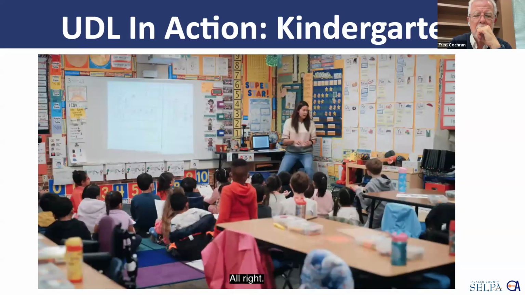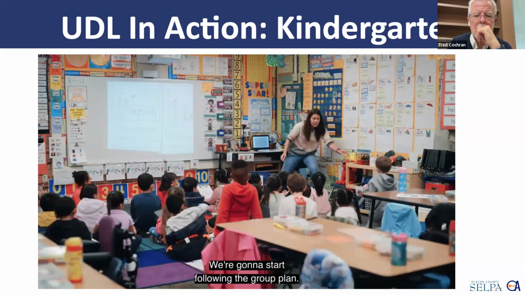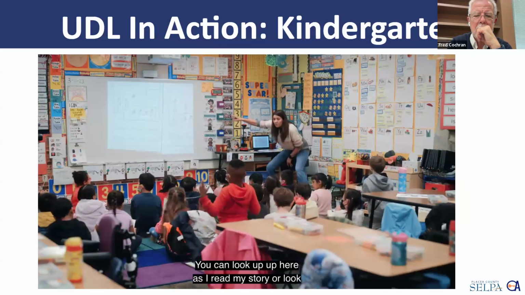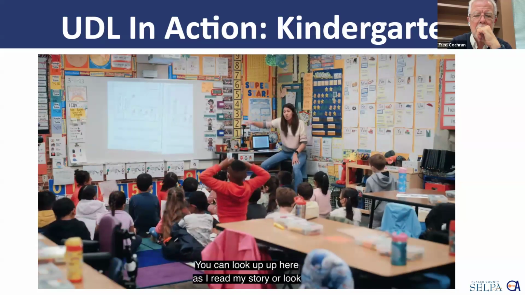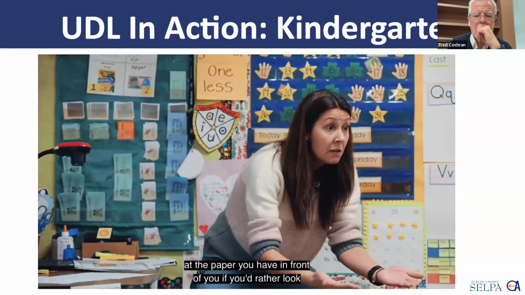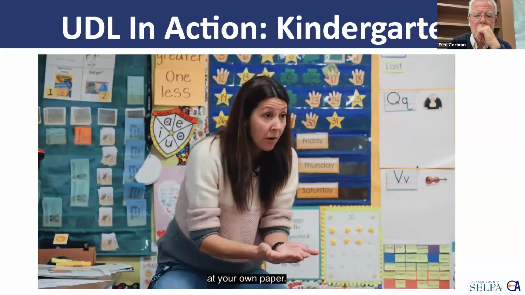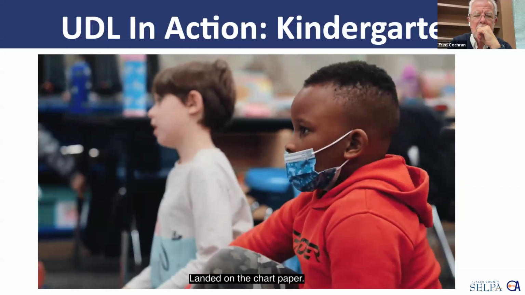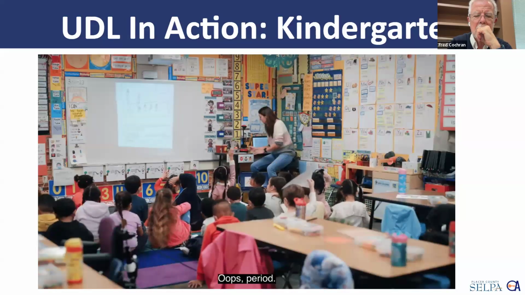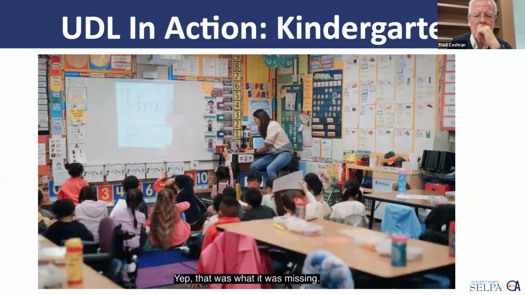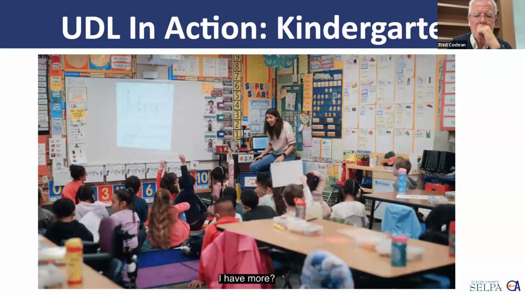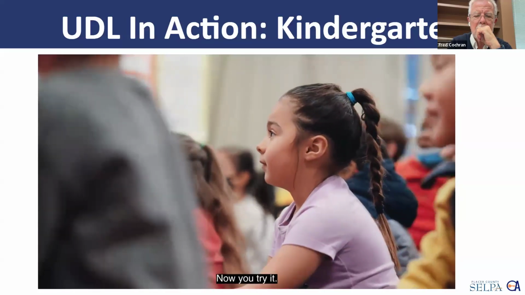All right, we're going to start following the group plan. Here is your job. You can look up here as I read my story, or look at the paper you have in front of you if you'd rather look at your own paper. Landed on the chart paper. Oops, period. A dot to end my thought. Yep, that was what I was missing. I have more? Now you try it.